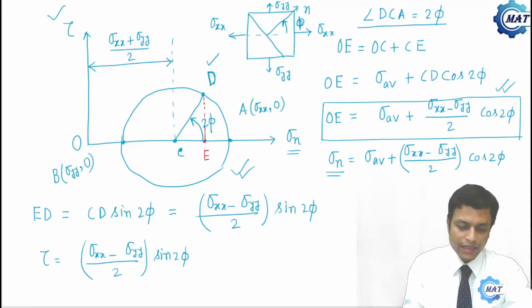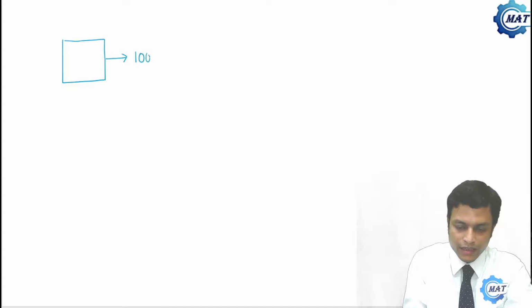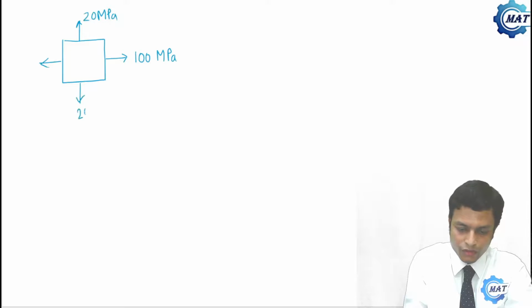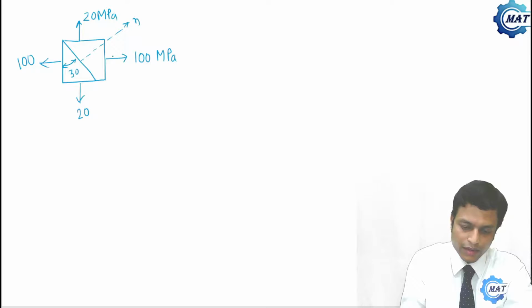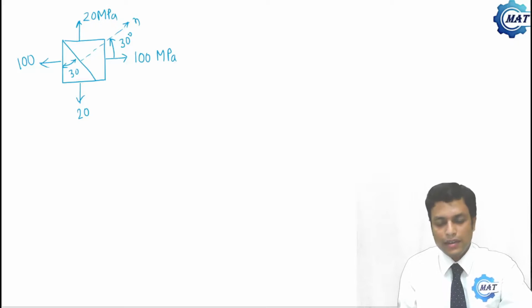Now let me explain these things through an example. Let us consider a biaxial stress, say 100 MPa here and 20 MPa here. Someone has asked what the normal and shear stress values are on a plane whose normal makes 30 degrees to the x, that is, this is the normal direction and this angle is 30 degrees.